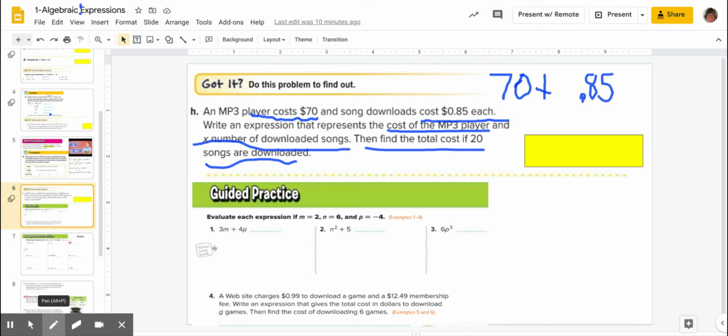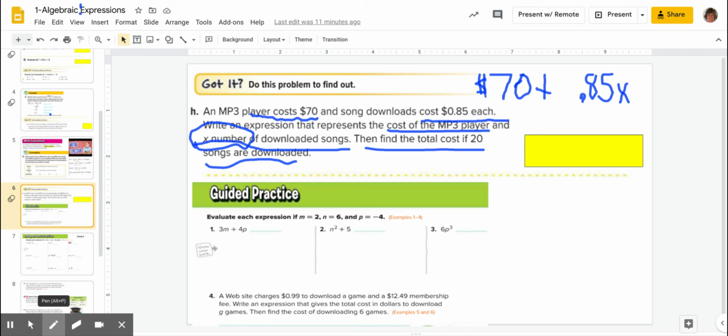Well, 85 cents is for one download. Do I know how many downloads there are? The answer is no, I don't yet. And so it says X number of downloads. So I'm going to multiply those two together. So this is my expression. $70 plus 85 cents times every download.